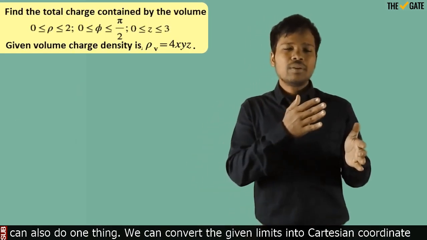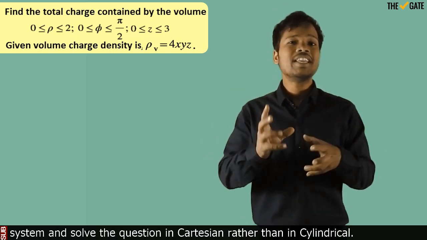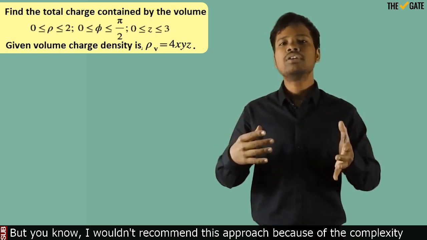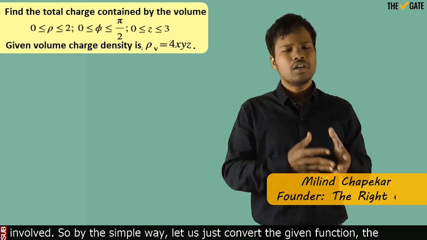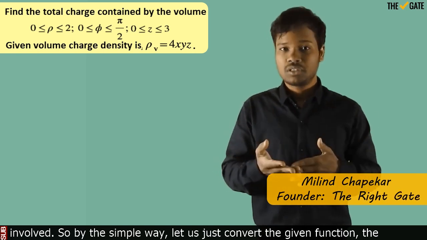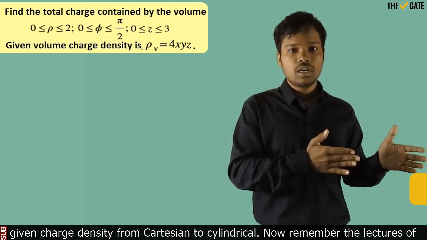We can convert the given limits into Cartesian coordinate system and solve the question in Cartesian rather than in cylindrical. But I wouldn't recommend this approach because of the complexity involved. So by the simple way, let us just convert the given function, the given charge density from Cartesian to cylindrical.